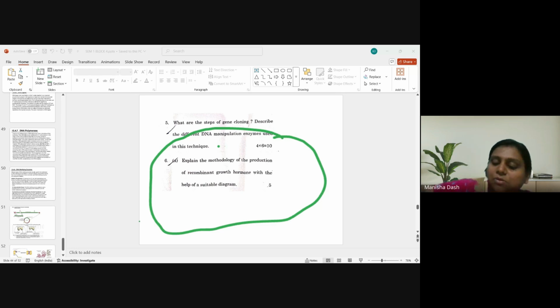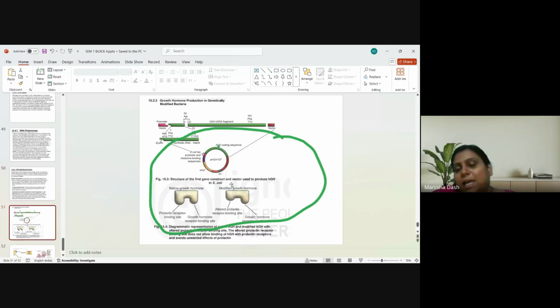Like here, the example that I cited, look at the question. The question is: explain the methodology of production of the recombinant growth hormone with the help of a suitable diagram. It is already asking for a diagram. So if you only draw this part, then also that is enough.